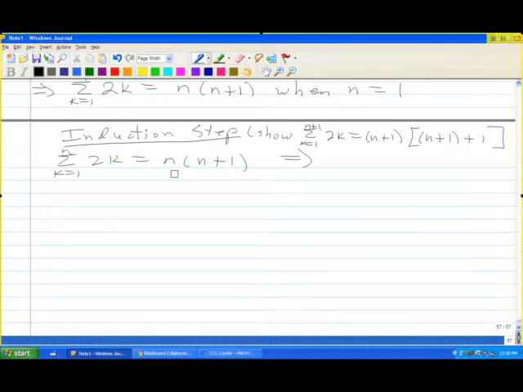So let us add the first n plus 1 of these. As usual, what I'll do is I'll just add the first n of these, and then I'll explicitly evaluate the very last term.